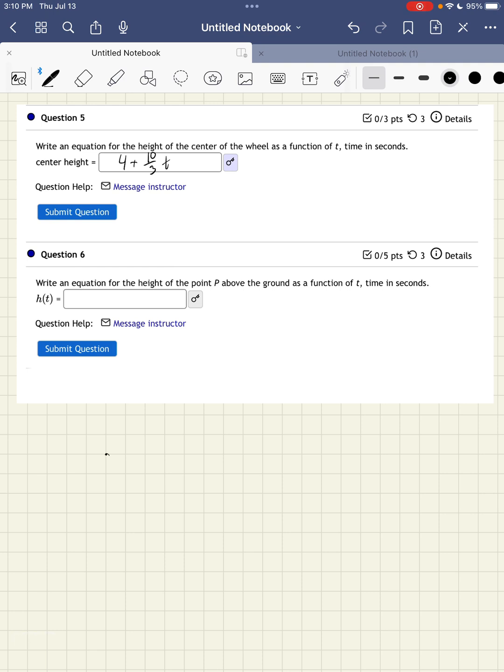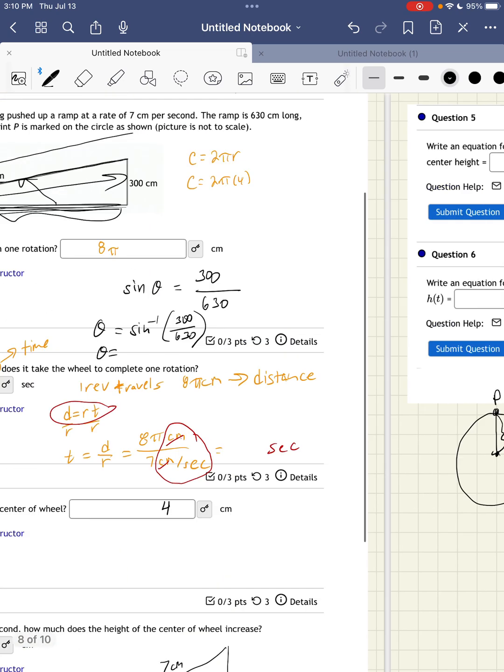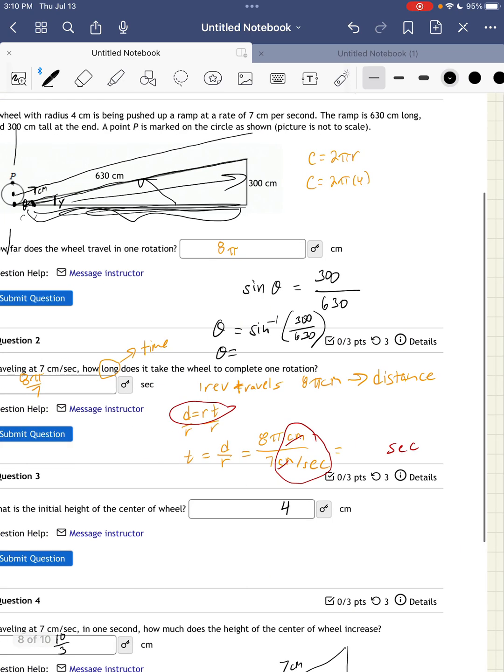So when we have a circle of radius 4, it looks like in the problem the point starts at the top of your circle. And then I'm going to assume that it's going this way. So I'm assuming that the height is going to go down, hit its average, go to the very bottom, and then it's going to increase in its height.